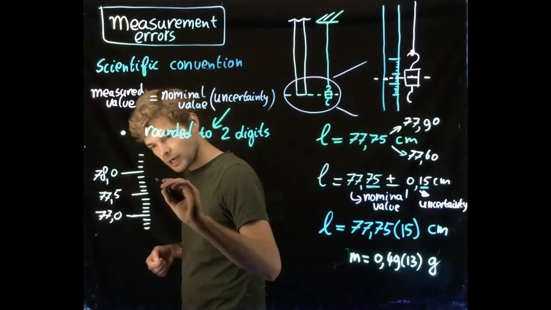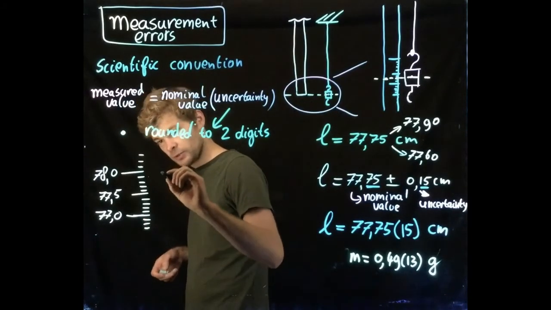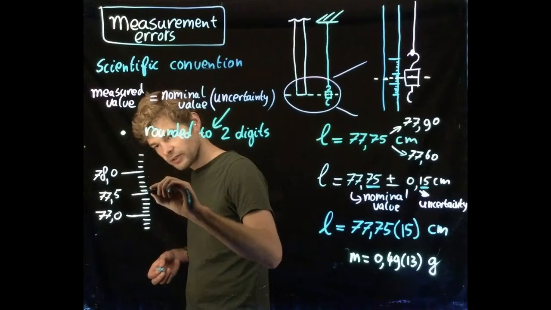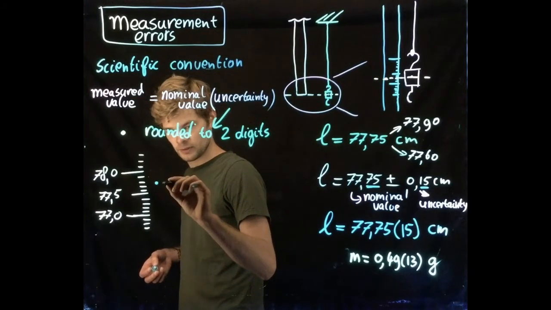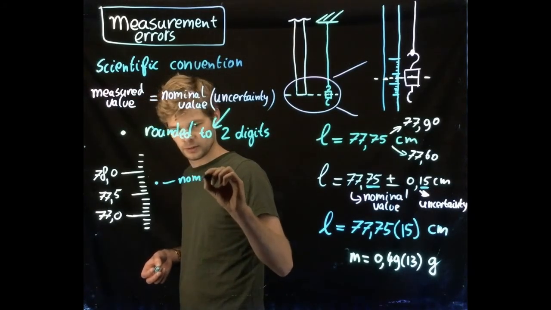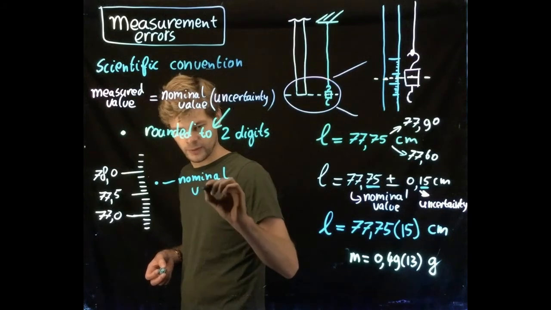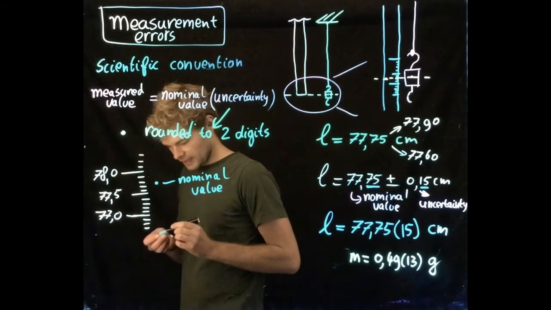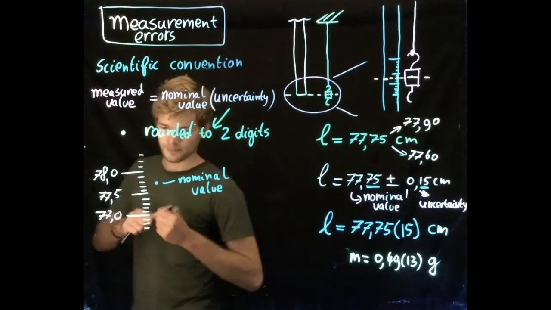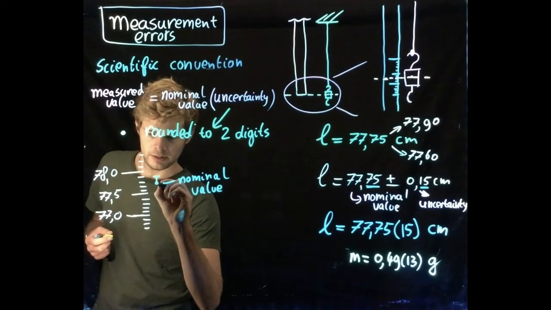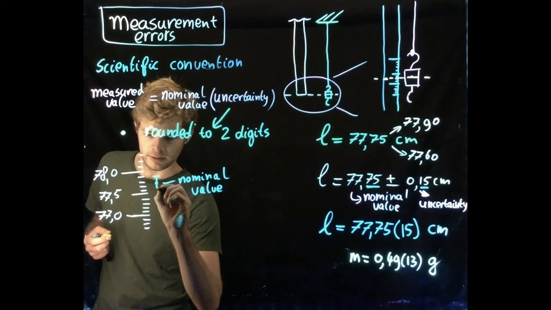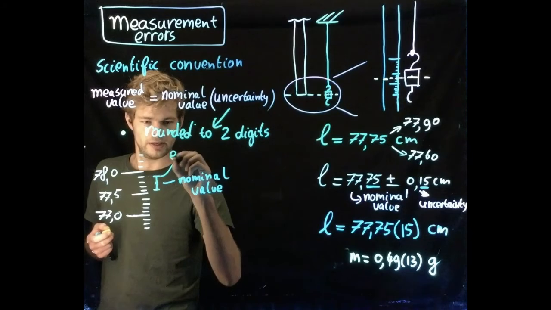I write down my nominal value over here, 77.75, so that will be here. Then I include the error bar. It looks like this. So it may be 90 and it may be 60. This is called the error bar.